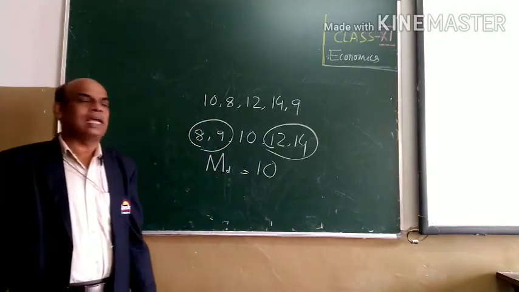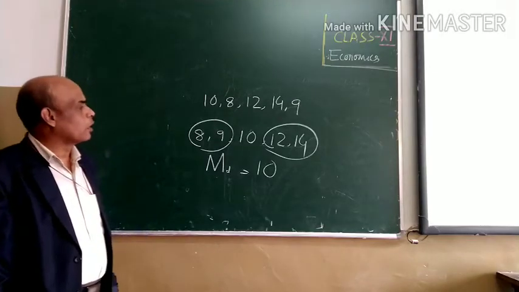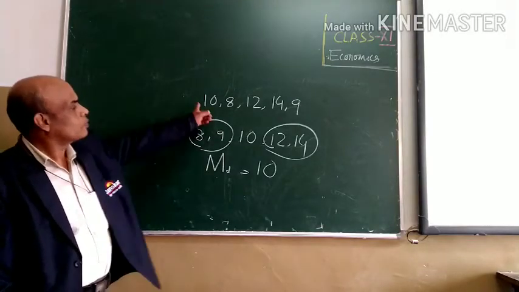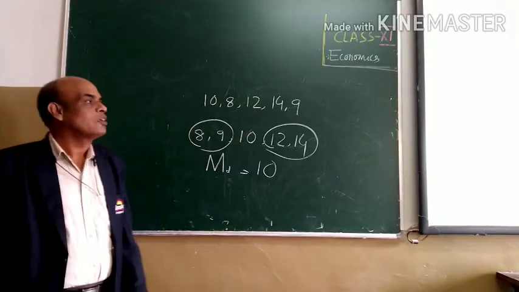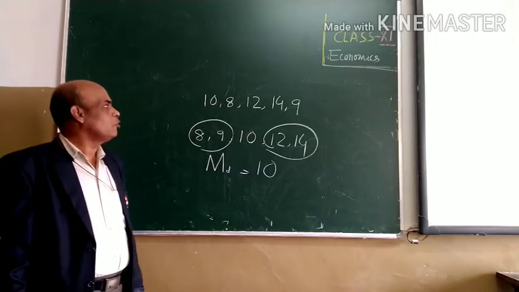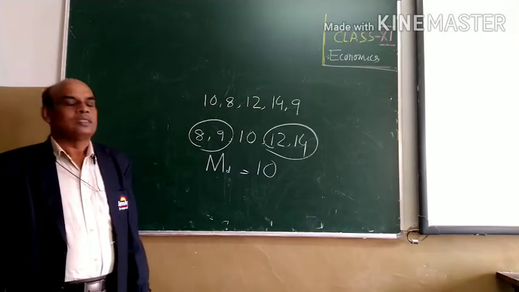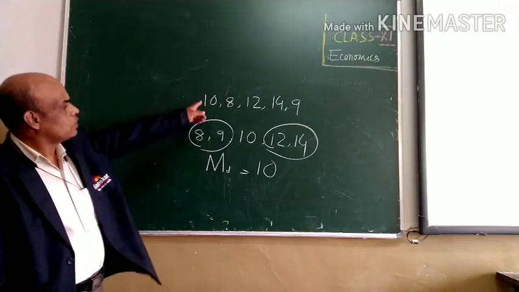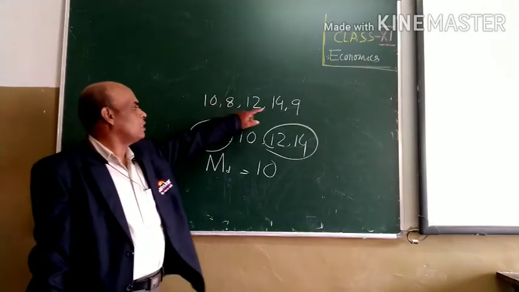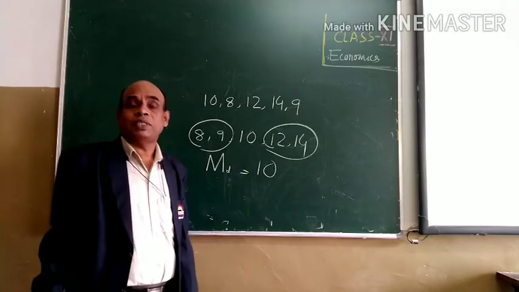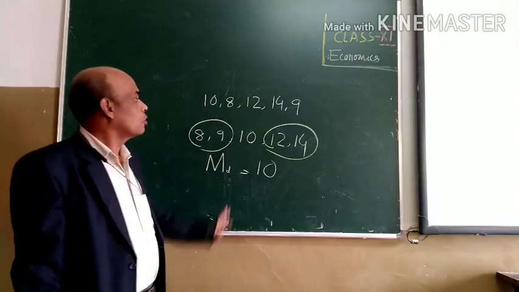So this formula is applicable where the data are used once only. If you see here 1, 2, 3, 4, 5, 5 is an odd number.